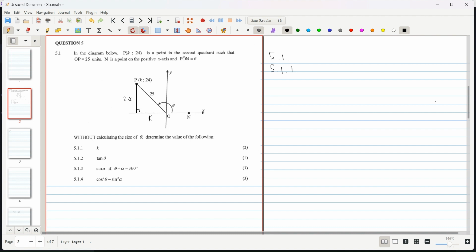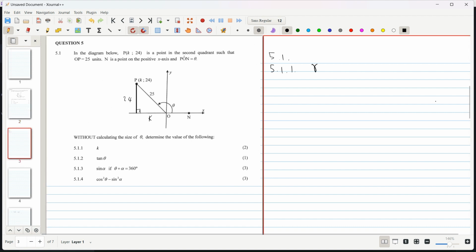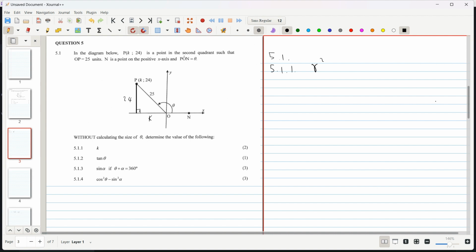From the theorem of Pythagoras, we know that the hypotenuse squared, r squared, is equal to x squared plus y squared.